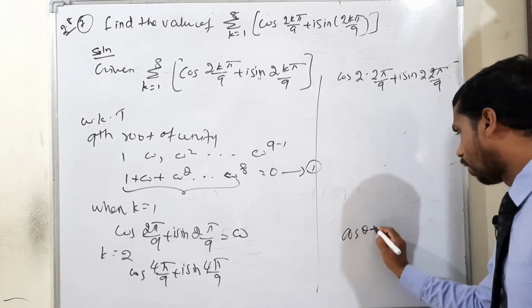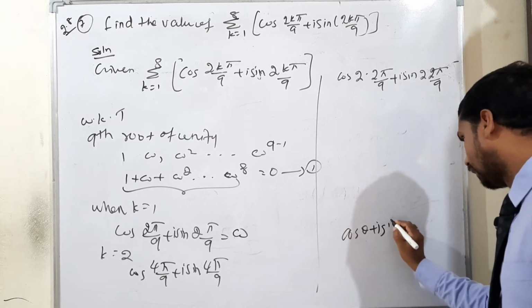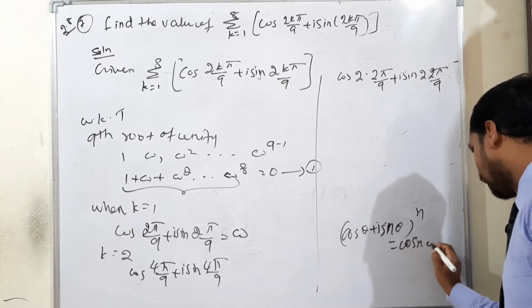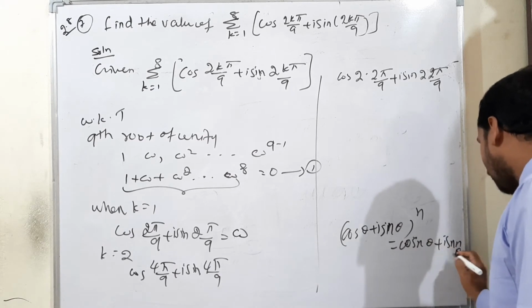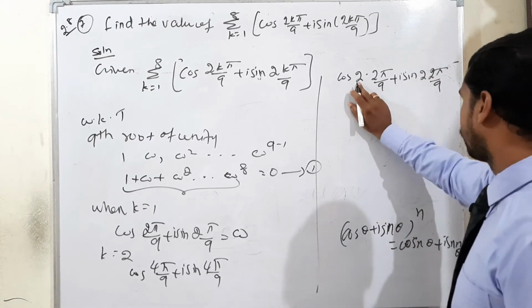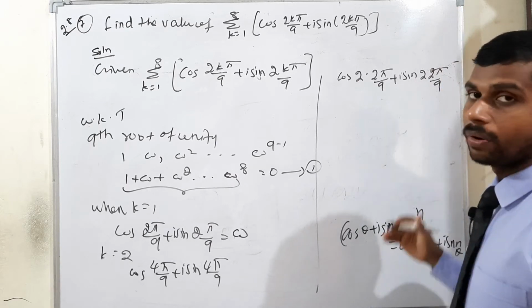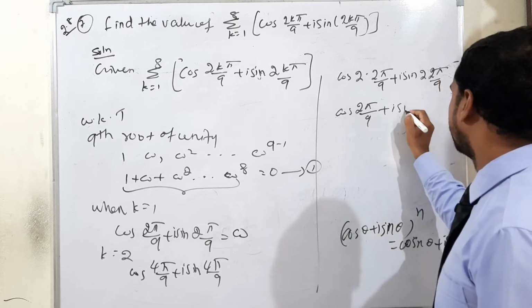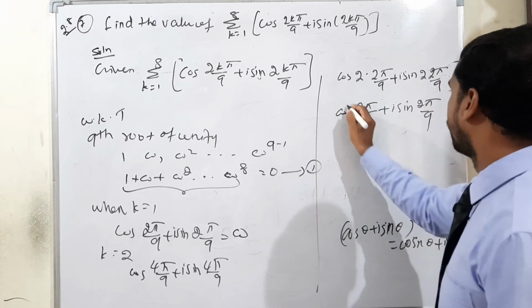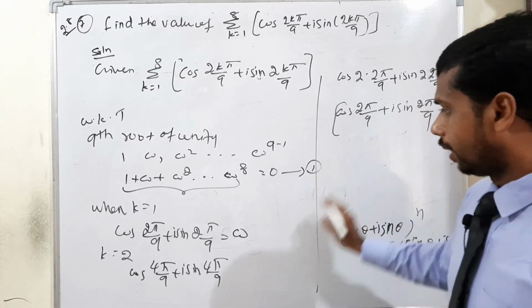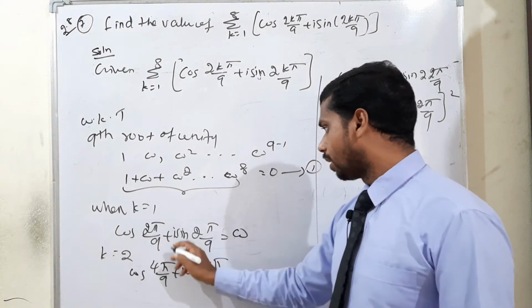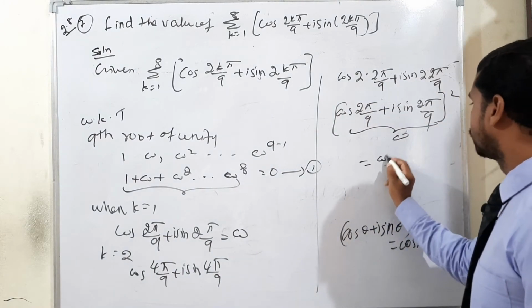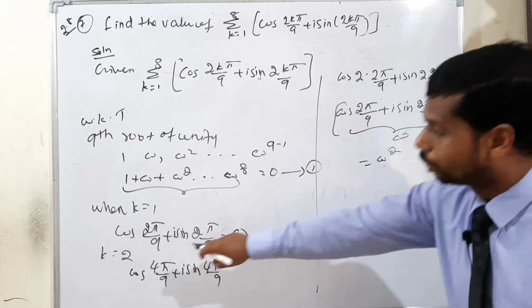According to De Moivre's theorem, (cos θ plus i sin θ) to the power n equals cos nθ plus i sin nθ. Just reversing it, we can write the power 2: (cos 2π/9 plus i sin 2π/9) whole square. When k equals 1 this whole term was ω, so when k equals 2 it is ω square.